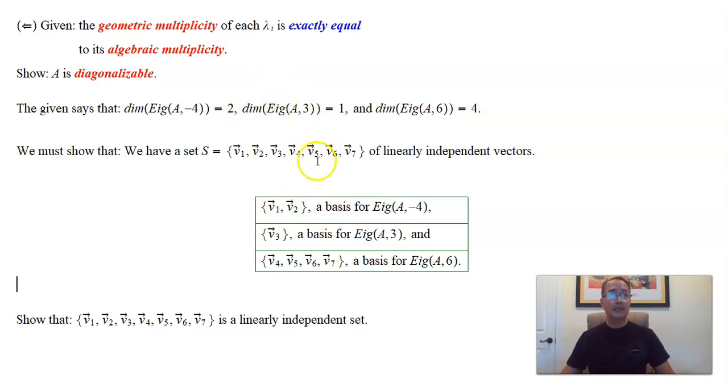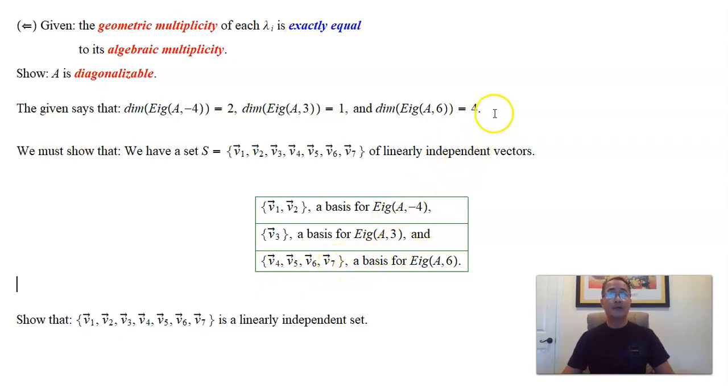Similarly, this eigenspace for lambda equals 3 is exactly one-dimensional. So let's make a basis for it, 1 eigenvector. Finally, for the last eigenspace, lambda equals 6, it's supposed to be exactly 4-dimensional. So let's make a basis for it made of V4, V5, V6, and V7.